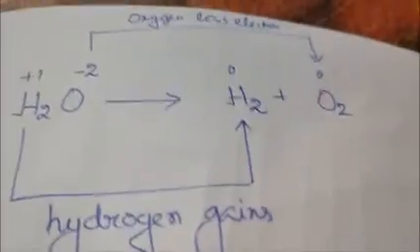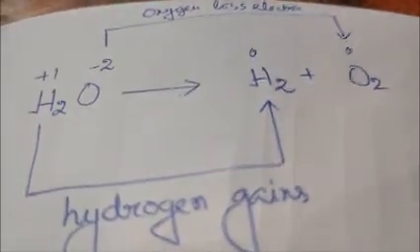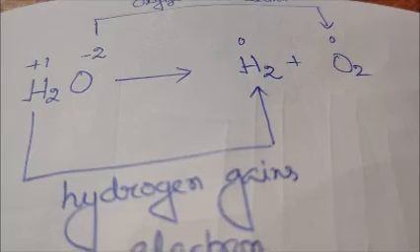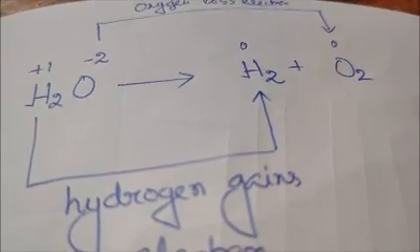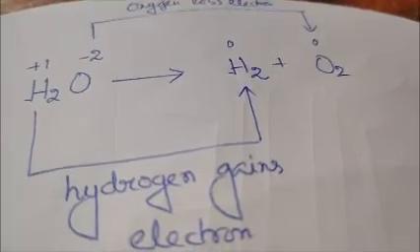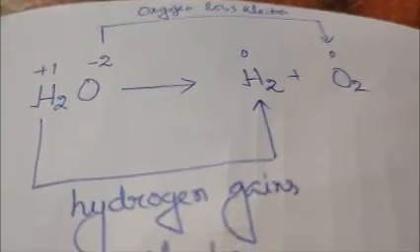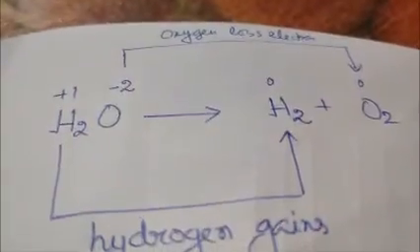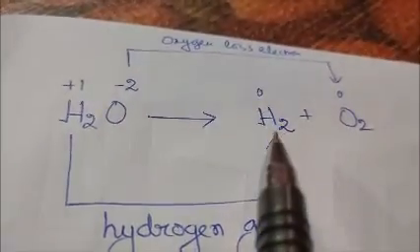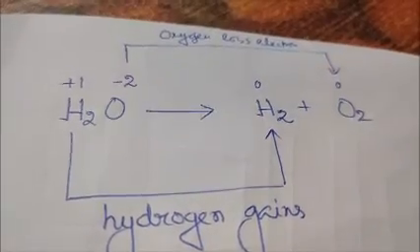Now what basically happens in the process, I have already told you that electrons are being pulled, or exchanged between the two components, or forcefully exchanged, you can say, to make this electrolysis process happen. That H2O is being dissociated into H2 plus O2.